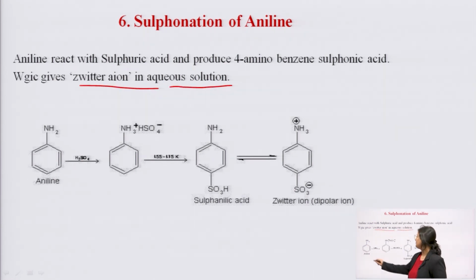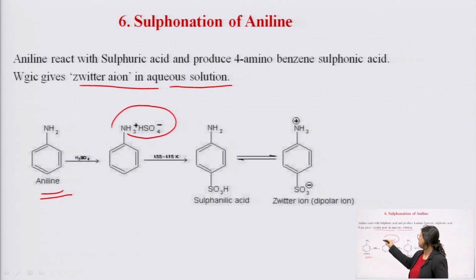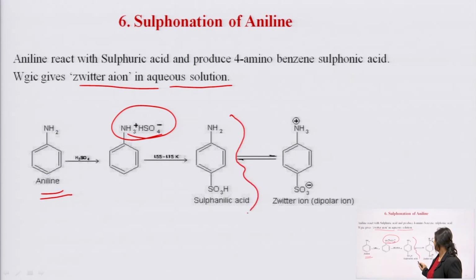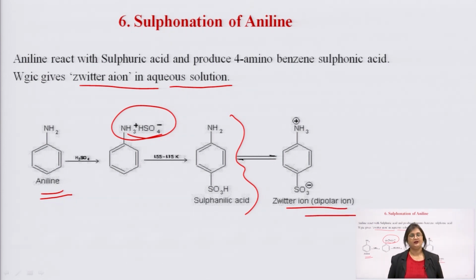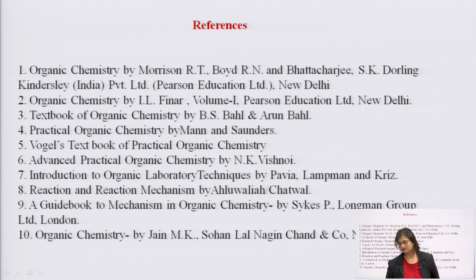Here, if you see, aniline reacts with sulfuric acid, in which the sulfuric acid is substituted onto the ring. Further, sulfanilic acid is formed. Upon further reaction, it forms a Zwitter ion, which is a dipolar ion. So, this is the reaction with sulfuric acid.